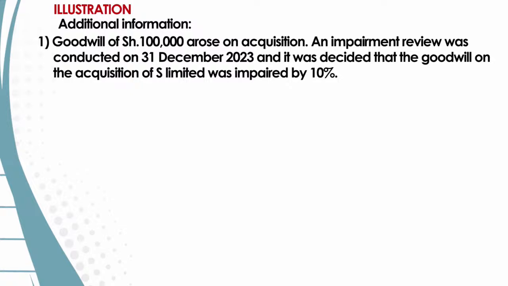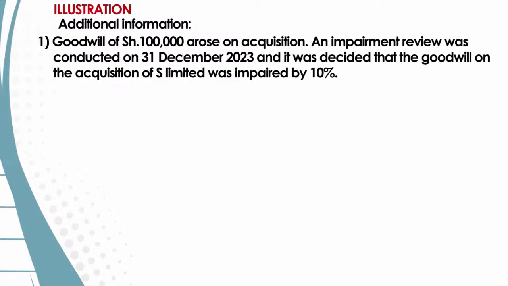We have some additional information. One, we are told a goodwill of shillings 100,000 arose on acquisition. An impairment review was conducted on 31st of December 2023, and it was decided that the goodwill on acquisition of S was impaired by 10%.